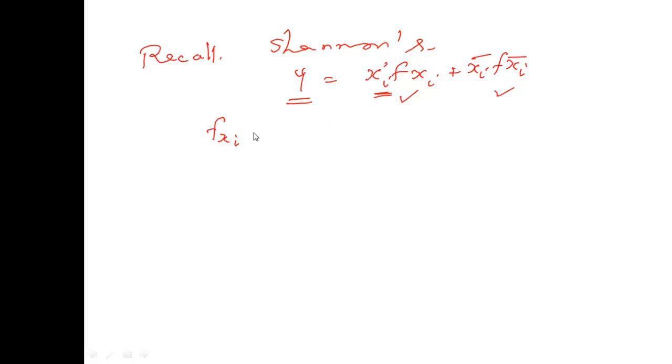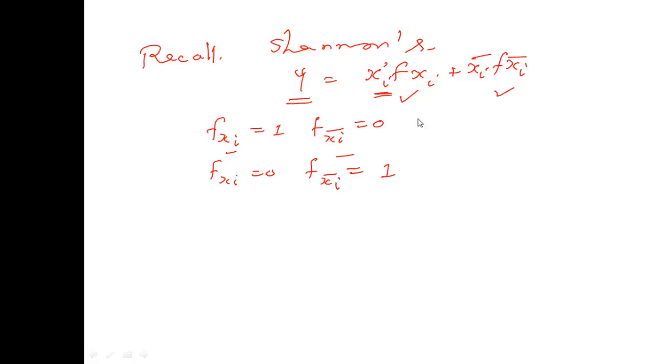So only two situations I could have. If at all xi has to have influence on y, either f of xi will be 1 and f of xi bar is equal to 0, or the other case, f of xi could be 0 and f of xi bar can be 1. Only these two could be happening.